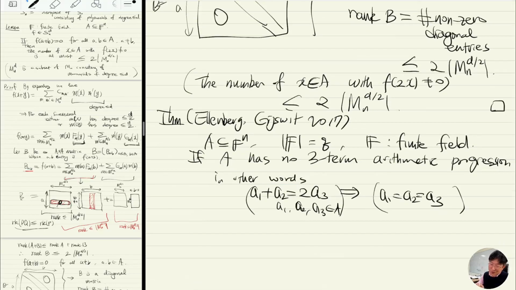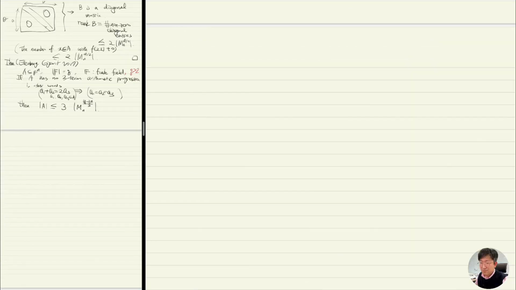So of course we have to allow the arithmetic progressions which consist of identical terms, but if there's nothing else, then the size of A is bounded by 3 times m_q((q minus 1)n over 3). All right, let's prove this theorem.